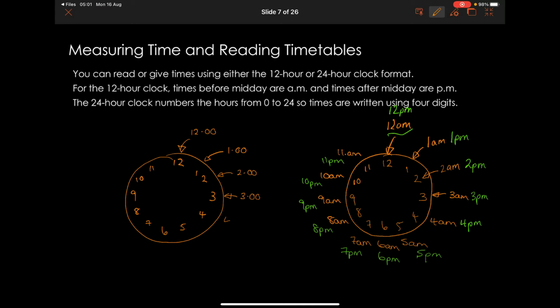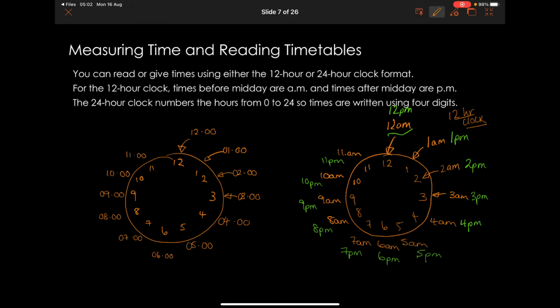This would be 4, 5. In fact, it would sometimes have a 0 in front of it, and it's written as 4 digits. Then 6, 7, 8, 9, 10, 11. So these are all AM, but we don't say AM because it's the 24-hour clock. It's only the 12-hour clock where we say AM and PM.